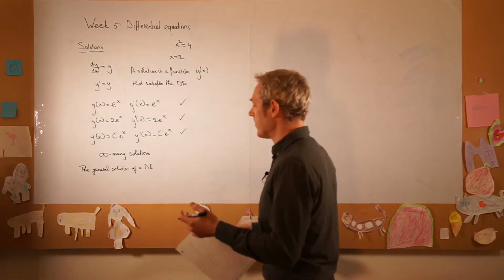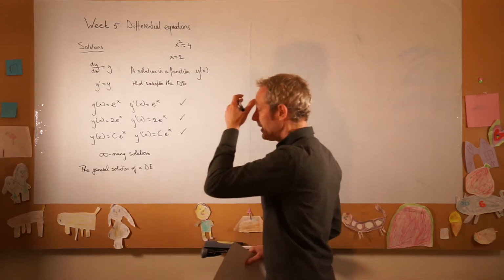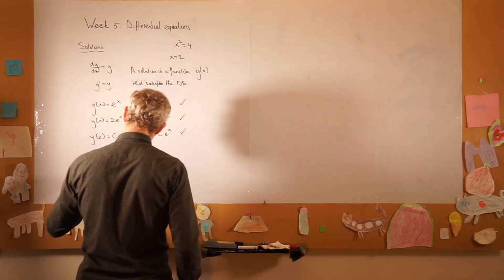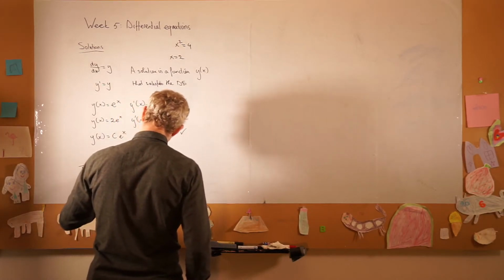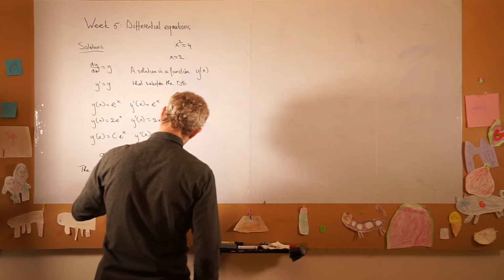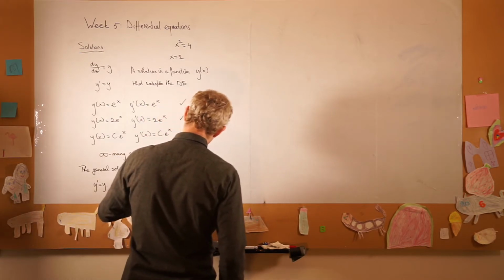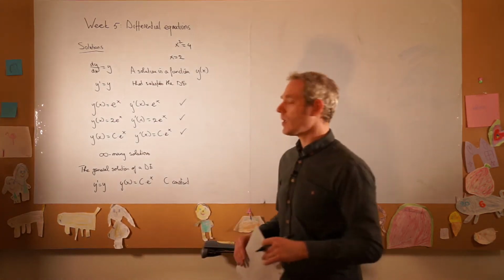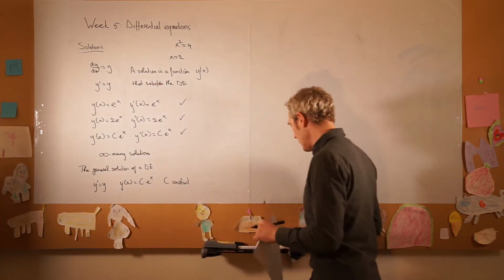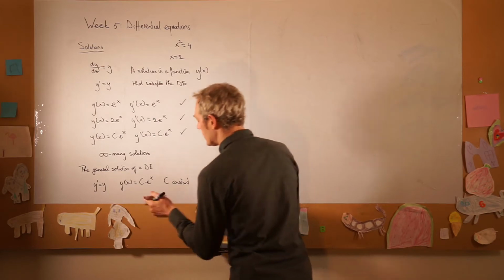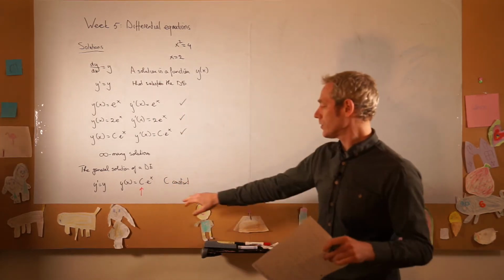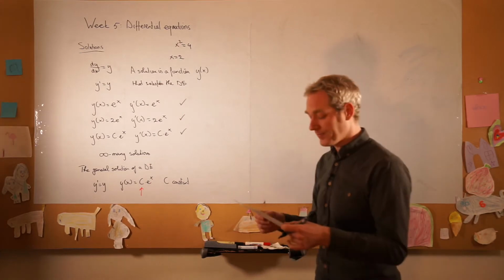And for this particular differential equation, y prime is equal to y, the general solution is y of x is equal to c e to the power of x, with c some kind of constant. So we don't just get one solution, we get a whole family of solutions. For every value of the constant c, we get a different solution.